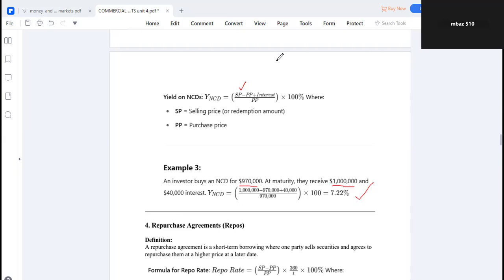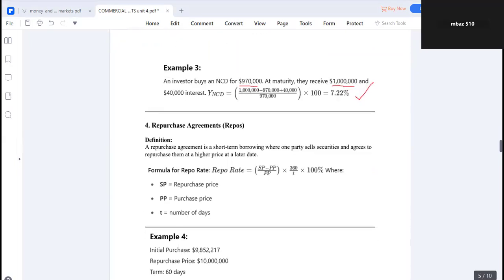So we go to the repurchase agreements, or repos. What is a repurchase agreement? What happens there? A repurchase agreement, sometimes called a repo, is similar to the NCD.